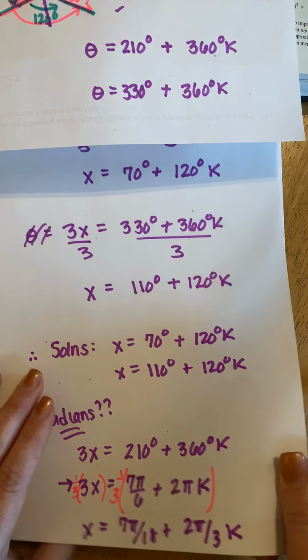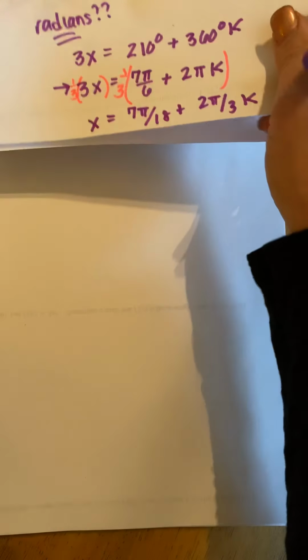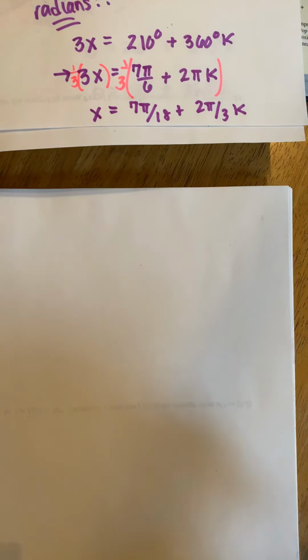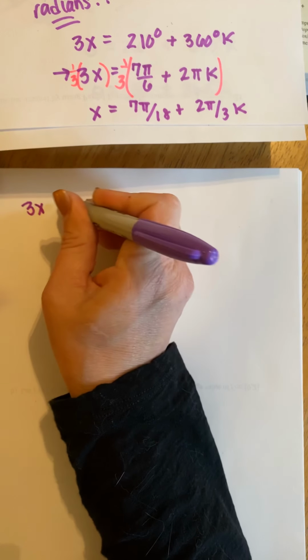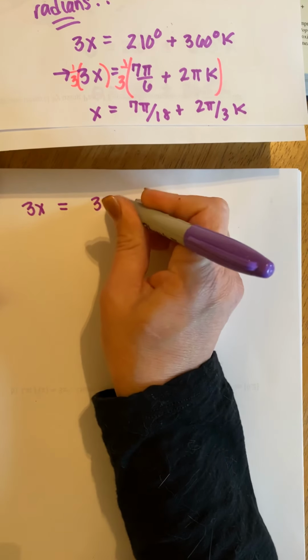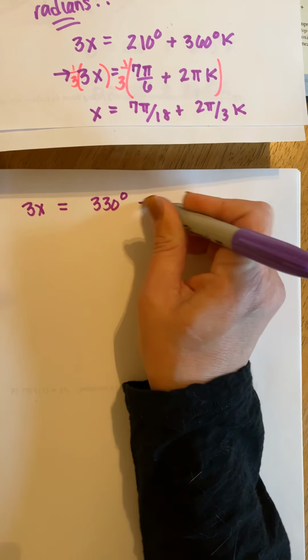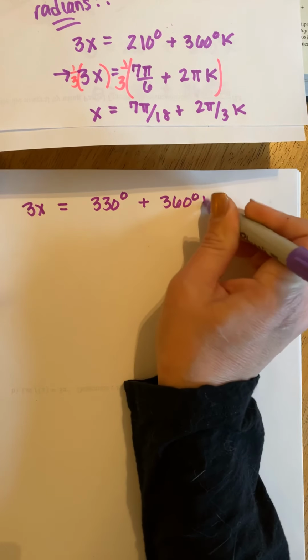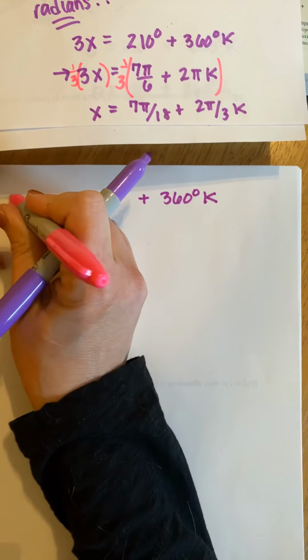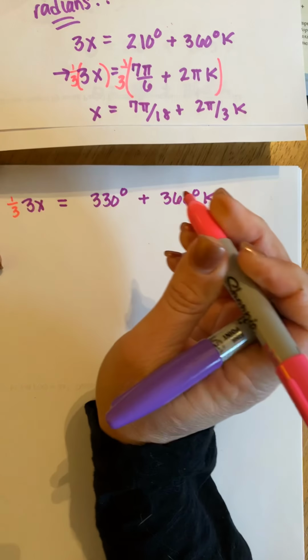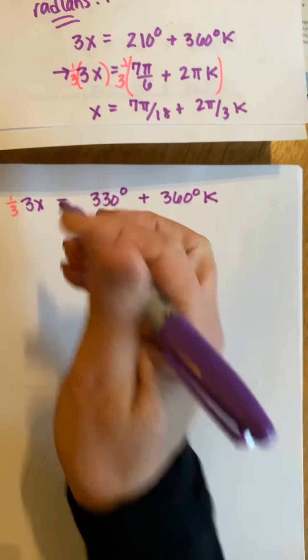So let's just do the other one. We had 3x is equal to 330 degrees plus 360k. I think on occasion it's a lot easier to turn it into radians.